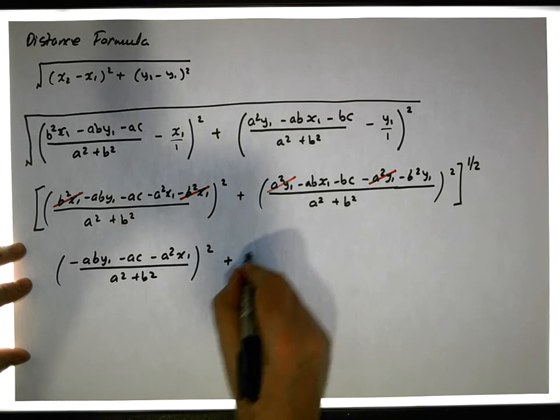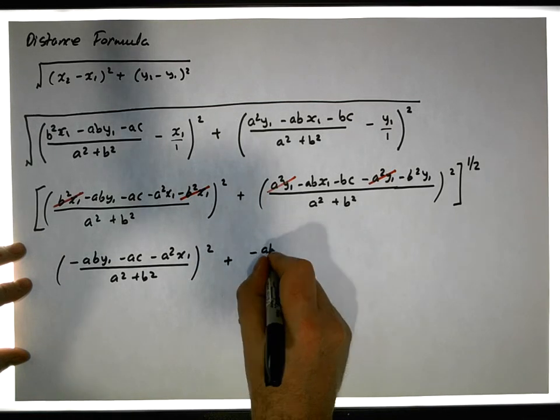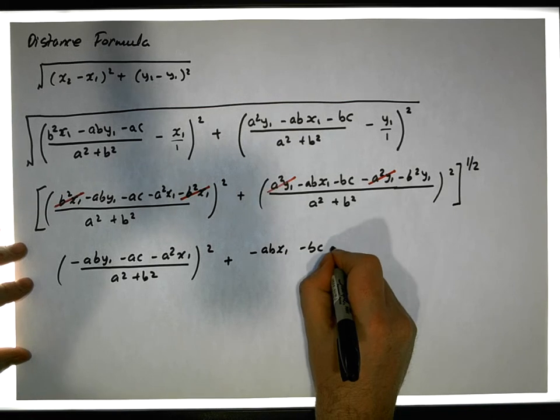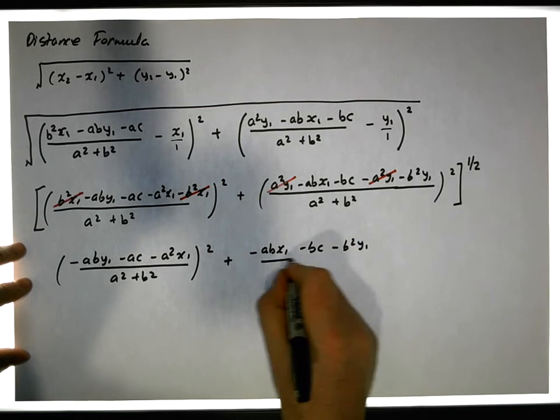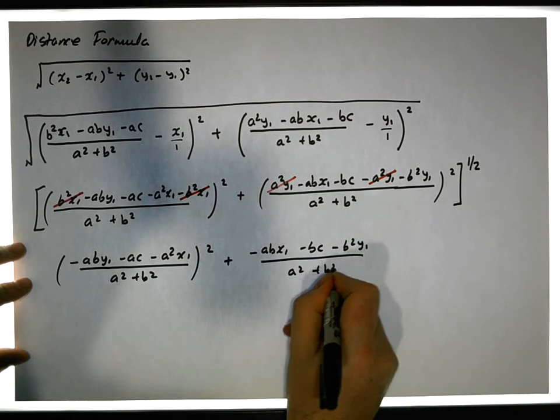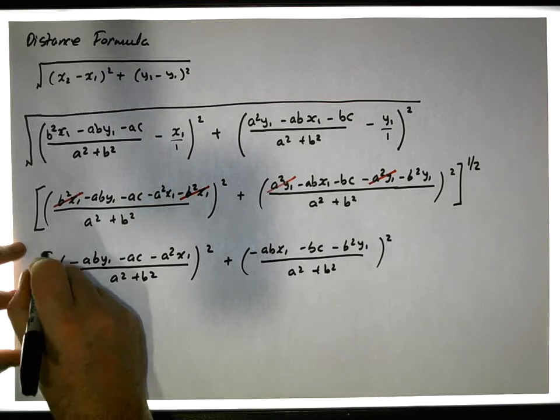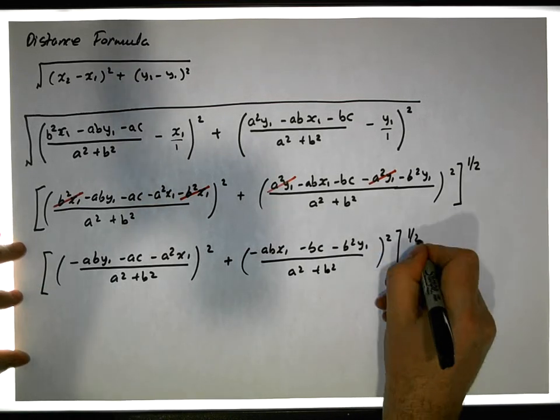Plus here it is minus ab x1 minus bc minus b squared y1 over a squared plus b squared, and that all needs to be squared. And then we have the square root of all of that.